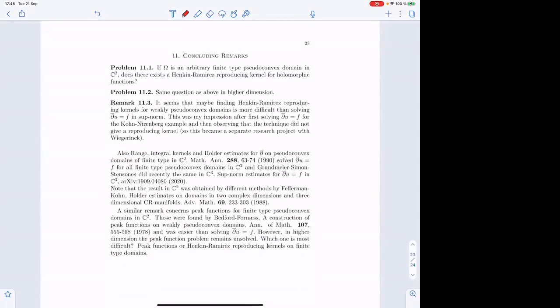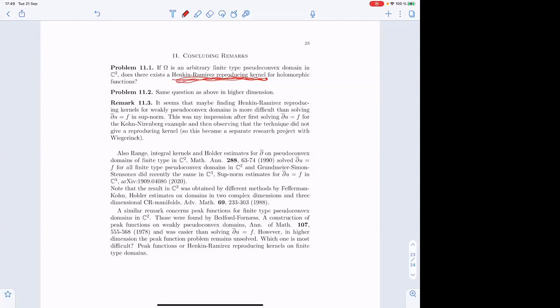The thing is that the Henkin-Ramirez reproducing kernel was done for the strongly pseudoconvex case. And now with this example of a Range-Nirenberg domain, you can make them for the Range-Nirenberg examples.